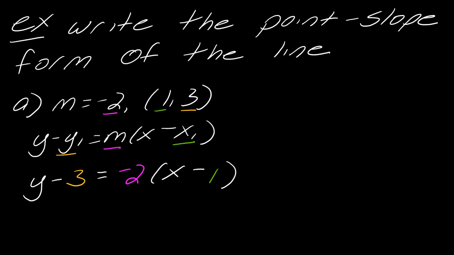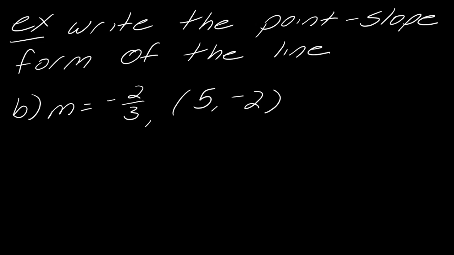That's all I'm asking you to do right now, is get used to working with this format. And then in a couple of minutes, I will show you how you can use this format to do a lot of other things. So this is just a little bit of a warm-up. Maybe what you want to do here is pause the video and try using the point-slope form of a line with this one, and then hit play when you're ready.